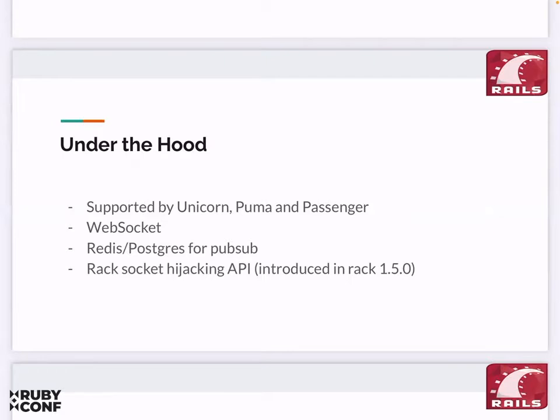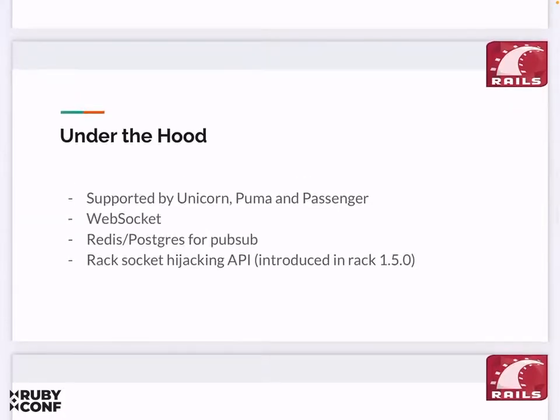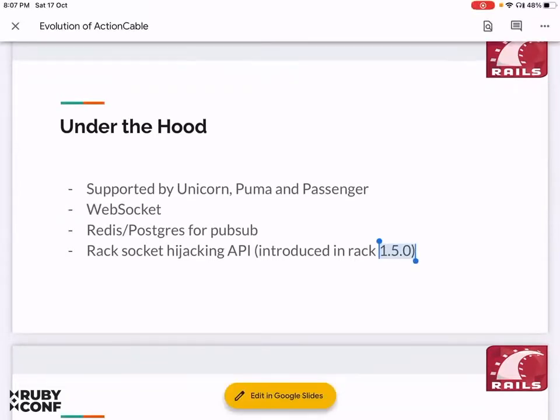Other than that, there are further components that make up the whole of Action Cable working together. The most important of which are the WebSocket protocol and Redis or Postgres PubSub. There is one other thing as well: it uses Ruby's concurrency for its async adapter, which is used in development and test environments.